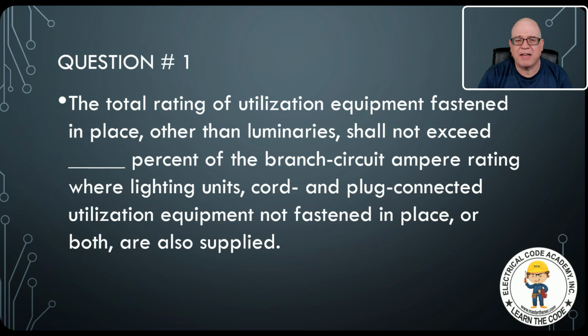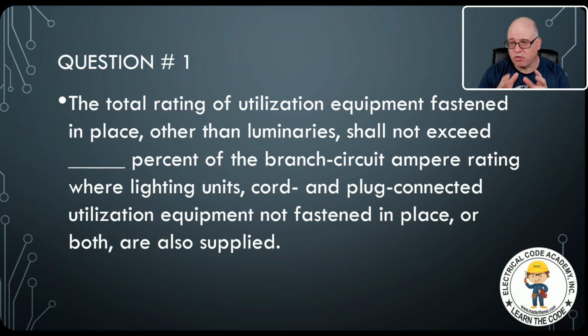So one of the things that I like to tell students to do is really dissect here. Look up the definition of utilization equipment so that you know that that applies to most appliances. And again, this isn't just residential, okay? This rule here that we're looking at could also apply to non-residential or commercial applications, all right?